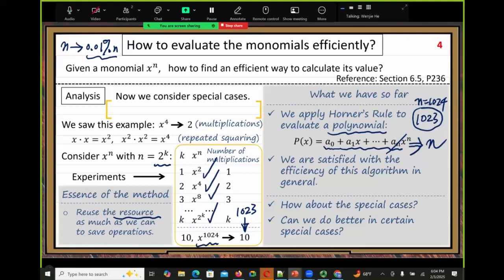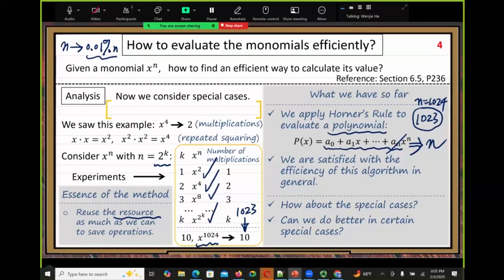We just use our existing resource to save. The essence is we want to reuse the resource. We don't want to recalculate the same expression, x to the 8th. Do you want to calculate it a second time? You don't. So we reuse our resource as much as we can.